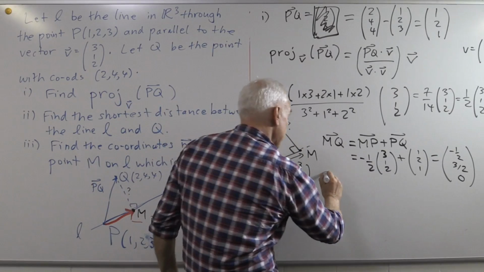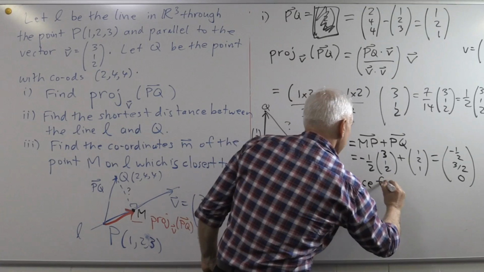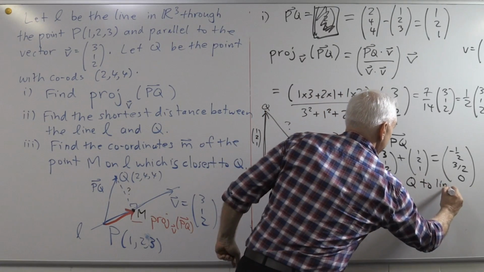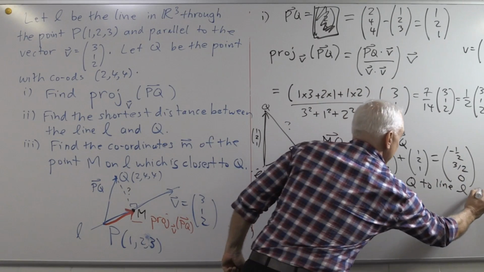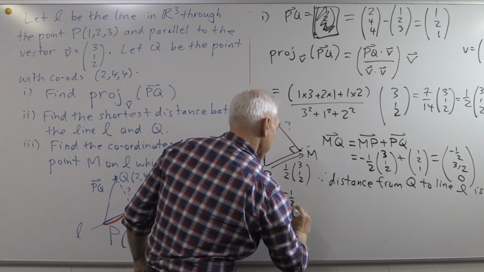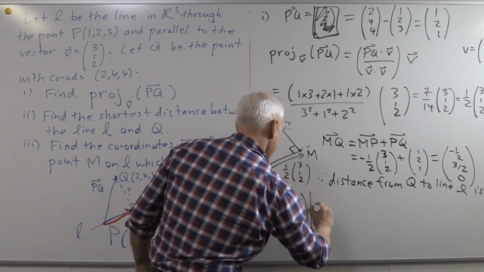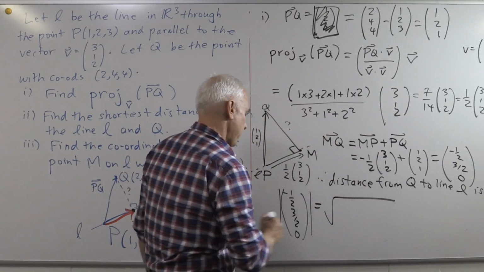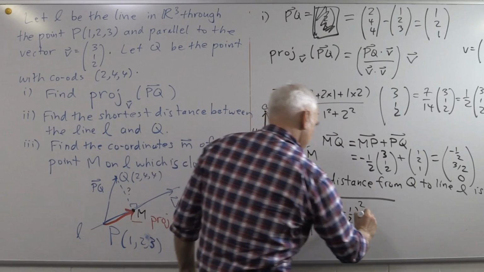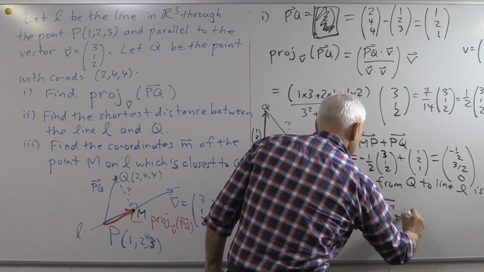And so the distance that we're interested in from the point Q to the line L is the length of this vector, the length of minus 1/2, 3/2, 0, which is the square root of minus 1/2 all squared plus 3/2 all squared plus 0 squared.